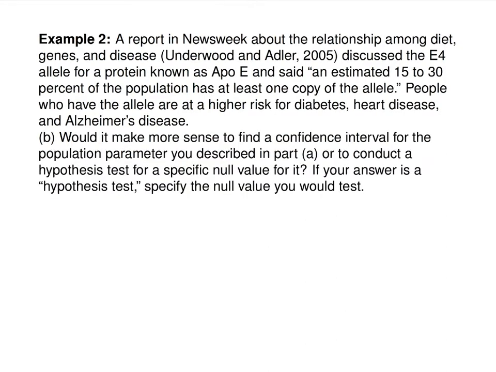Would it make more sense to find a confidence interval for the population parameter that you described in Part A, or to conduct a hypothesis test for a specific null value? So let's just look at the hypothesis test for a second. If you're going to look at the hypothesis test, there has to be a value you think maybe is plausible or something like that, and then you want to reject that. And there's no obvious plausible result here.